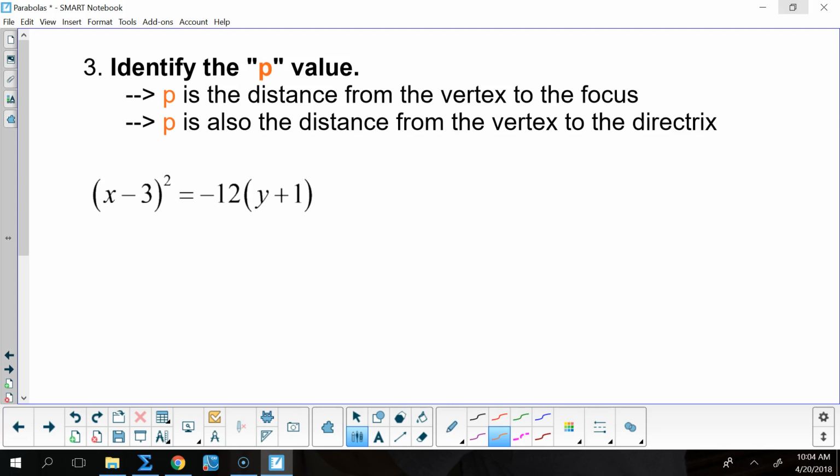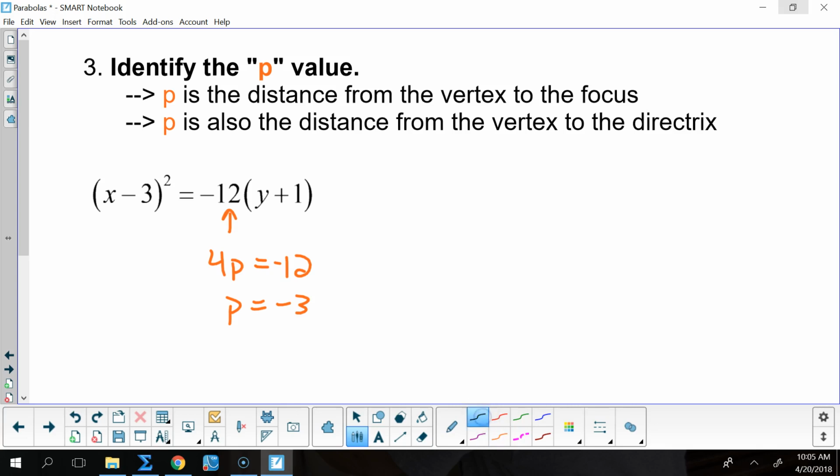Okay? So, here is that 4p number. So 4p is equal to negative 12. So what's p? Negative 3. Just 3. But because it's a distance, we call it just 3, right? Okay? Right?